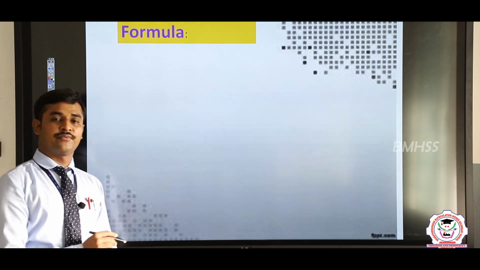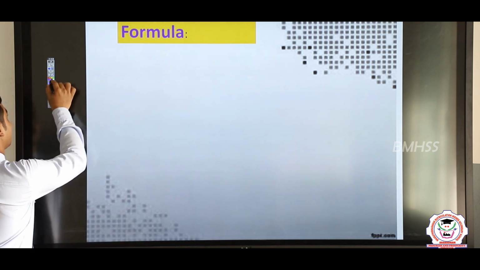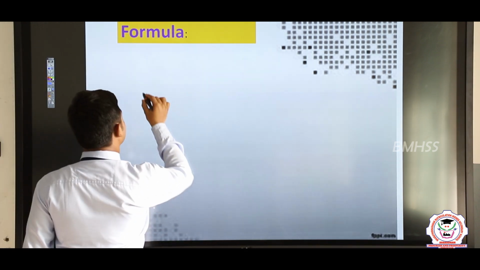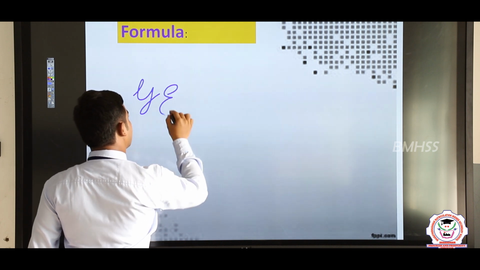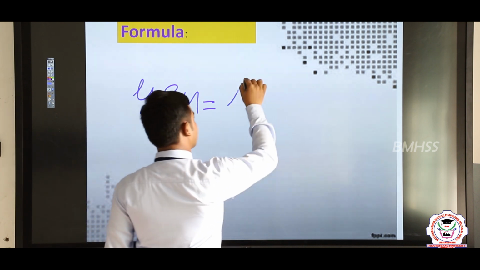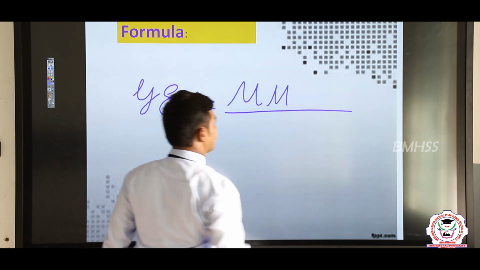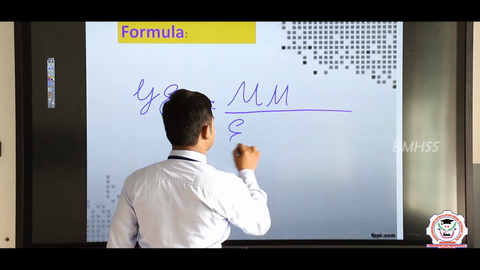Okay. How can we find out the gram equivalent mass? The gram equivalent mass has the formula: the molecular mass or the molar mass divided by the equivalent factor.